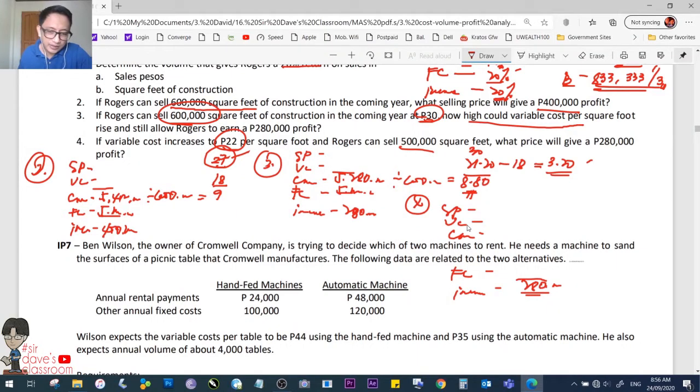Ilan fixed cost? 5 million. Total, 5,280,000 divided by 500,000 is equal to 10.56. Could you please check? 10.56 nga ba yan? Yes. Kung 22 daw ito, according to the problem, sabi 22. Pwede 22, 32.56. Final answer for number 4.